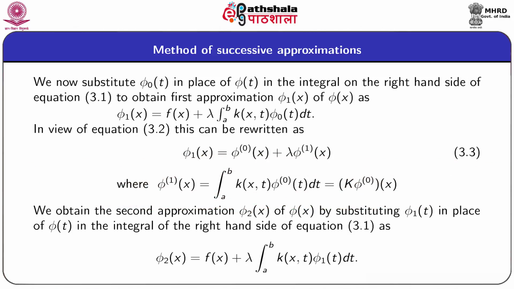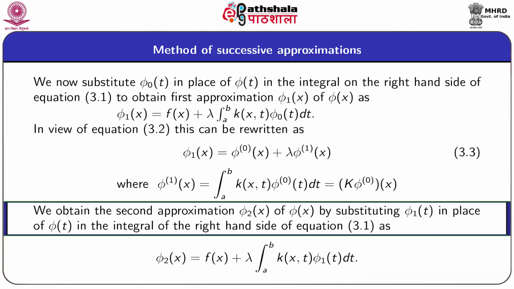It is related to phi superscript 0 x. So, from equation 3.3 you see that first approximation phi 1 x of the solution of given integral equation has been expressed as sum of phi superscript 0 x plus lambda phi superscript 1 x.